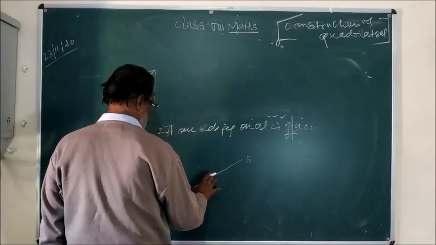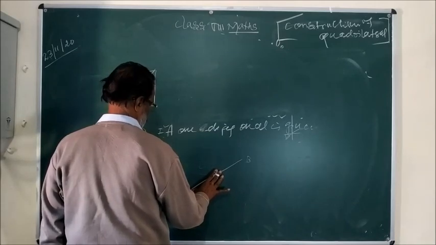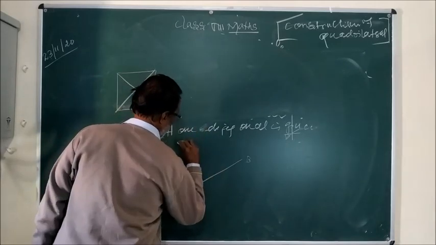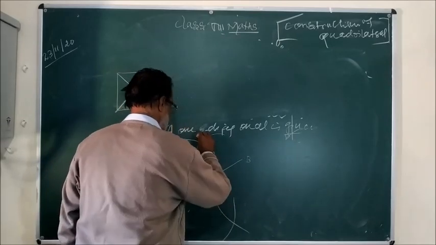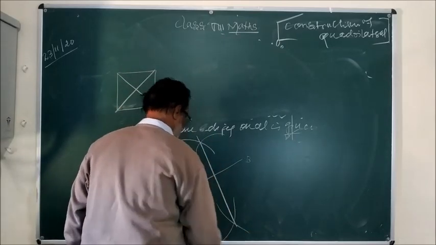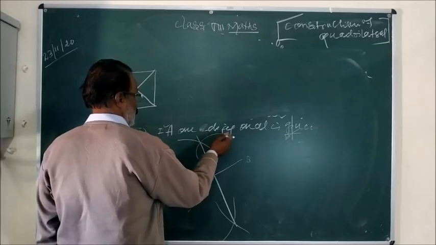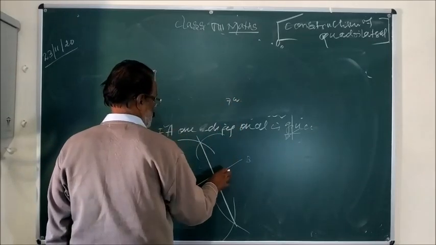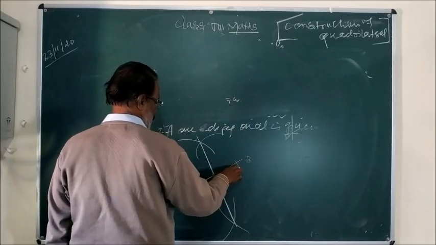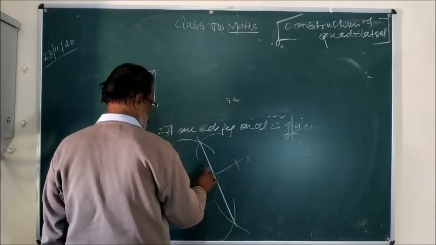You find the perpendicular bisector of this. From A, we draw an arc. From B, we draw another arc. This will be the perpendicular bisector. Suppose the diagonal is 7 cm. So this will be 3.5, and this will be 3.5.